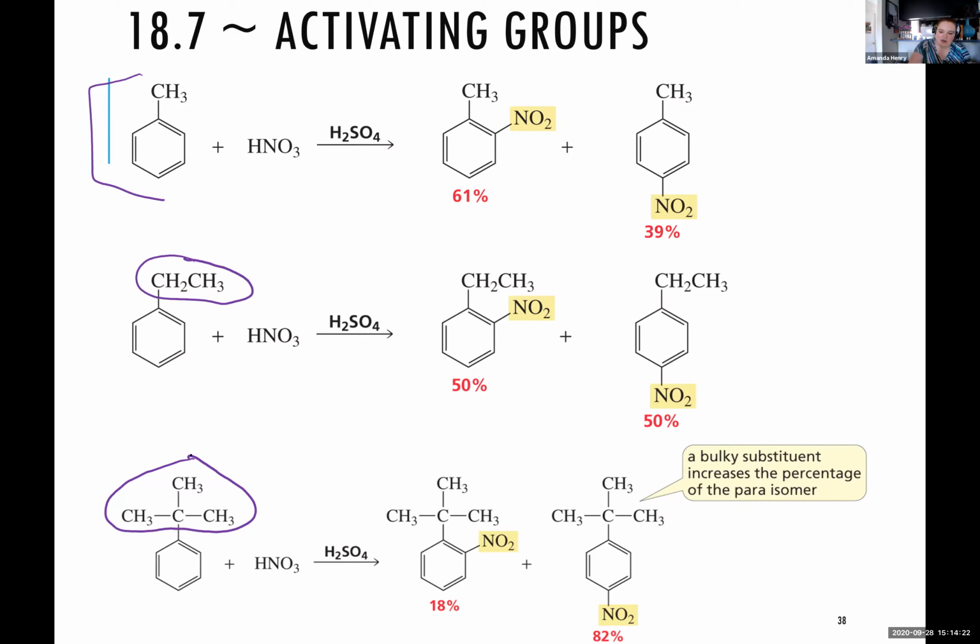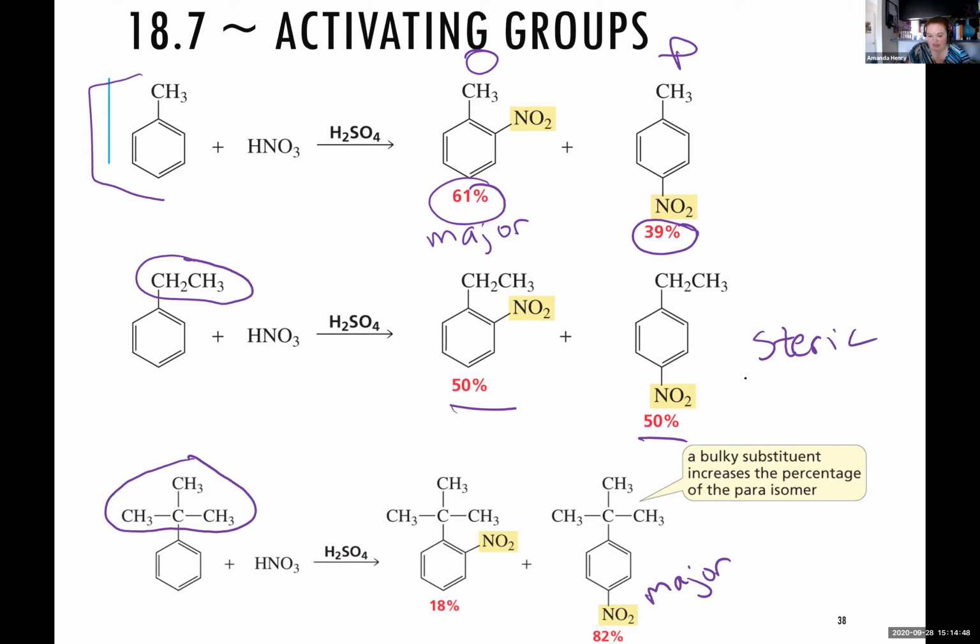And look at our percentages. So let's see, ortho, para. With the methyl group, the ortho is the major product. With the ethyl group, it's 50-50. And then with the isopropyl, the para is the major product. This is steric hindrance.